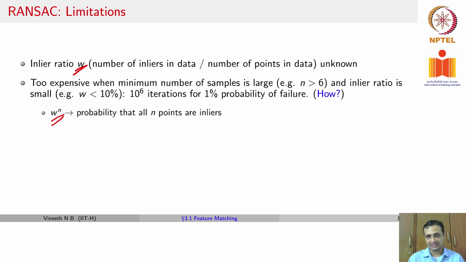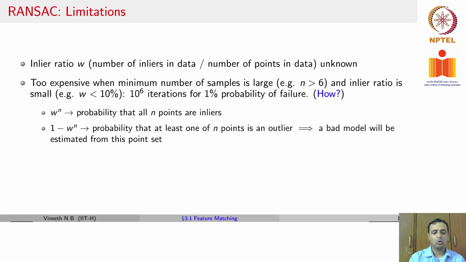So you pick n points, that's the number of points that you have to pick to be able to solve for this model. And W power n is the probability that all n points are inliers, which means 1 minus W power n is the probability that at least one of those points is an outlier.